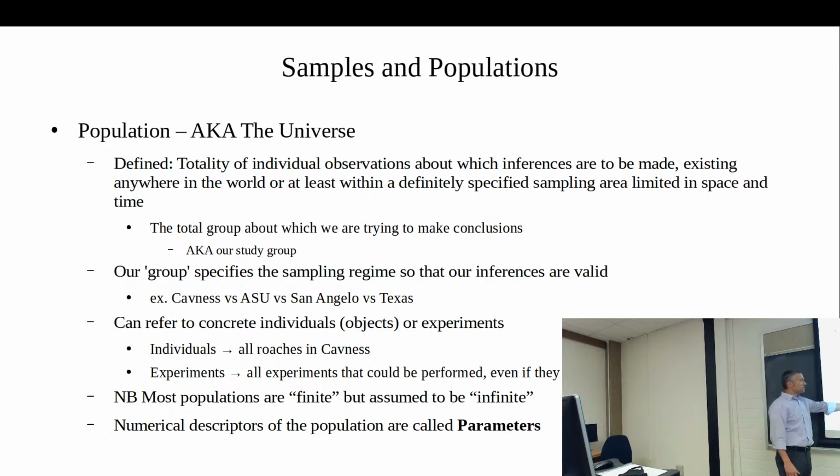All right? So I'm going to note well here that most of our populations are finite. There's only a certain number of roaches that live in this building. Might be a lot of them. There's only a certain number of them. But when it comes to probability theory, we assume that that population size is infinitely large. Why is that?